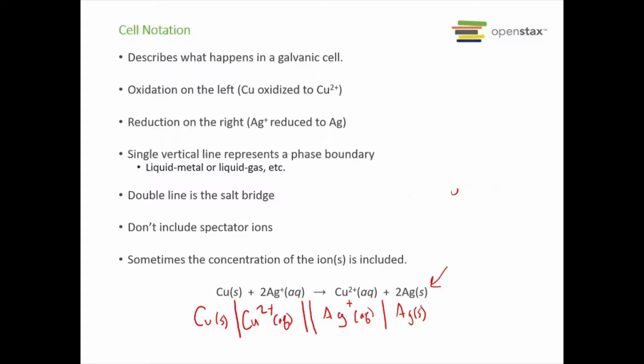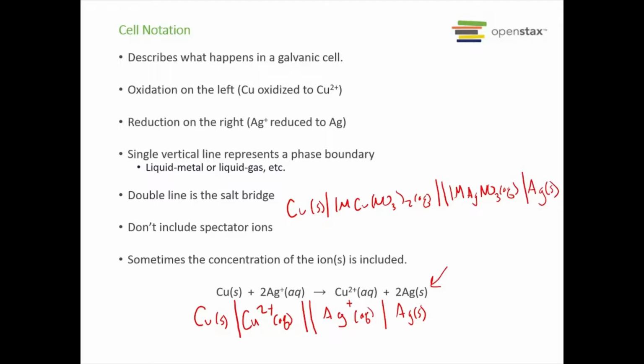Oh, let me redo this where I have room again. Okay. Copper solid, 1 molar Cu(NO3)2 aqueous. Salt bridge, 1 molar AgNO3 aqueous. Separation, Ag solid. So that works too.